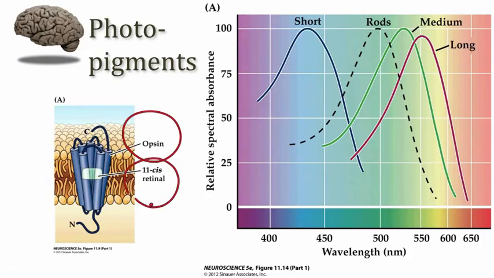Now this opsin is actually going to be familiar to you because it is a member of this 7-transmembrane protein family that we've encountered previously in this course. We've encountered this general structure previously. This 7-transmembrane structure is exactly what we saw when we considered metabotropic receptors for neurotransmitters on postsynaptic terminals.